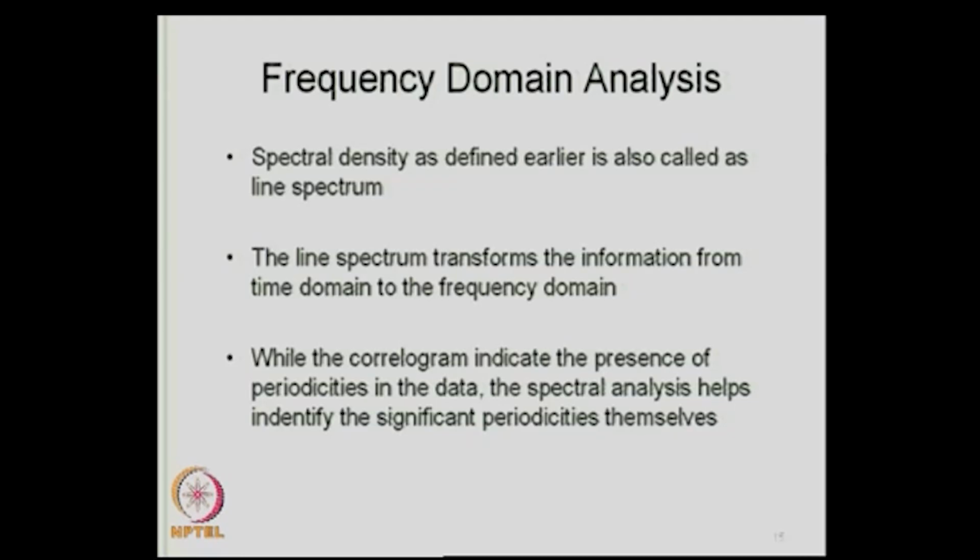Now, what we are doing by calculating alpha k, beta k and then omega k etcetera, is essentially to capture the inherent periodicities in the data. So, if you have plotted a correlogram in the time domain, the correlogram would have already given you some idea about the existence of periodicities.